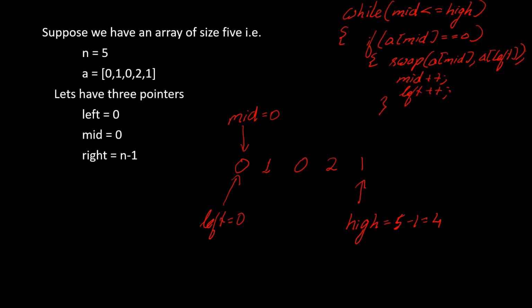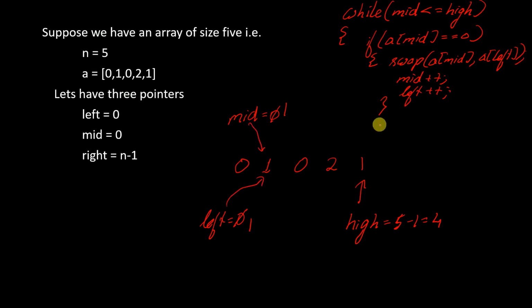Here the first condition holds true, so we swap array of mid with array of left, but nothing changes, so we update the mid pointer to 1 and the left pointer to 1. Now they point to the next element.